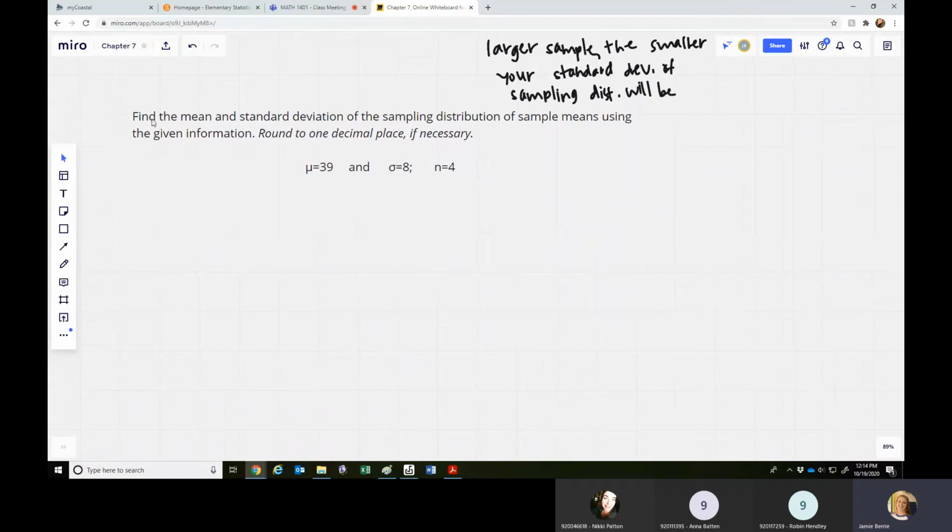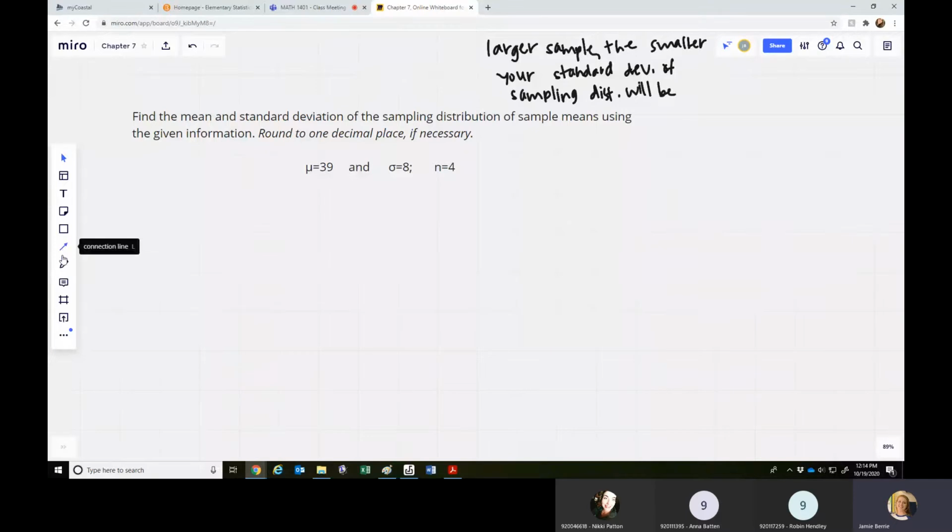It says, find the mean and the standard deviation of the sampling distribution of sample means using the given information. Round to 1 decimal place if necessary. So it gives you the value of the population mean, the population standard deviation, and the sample size.